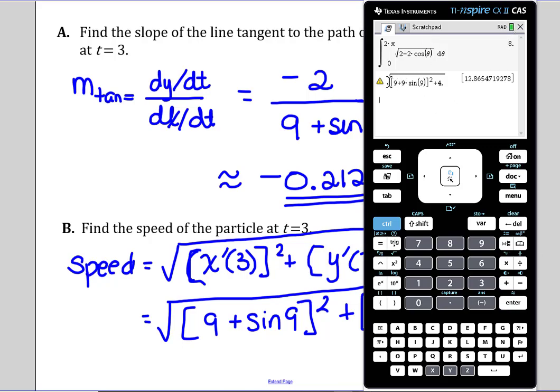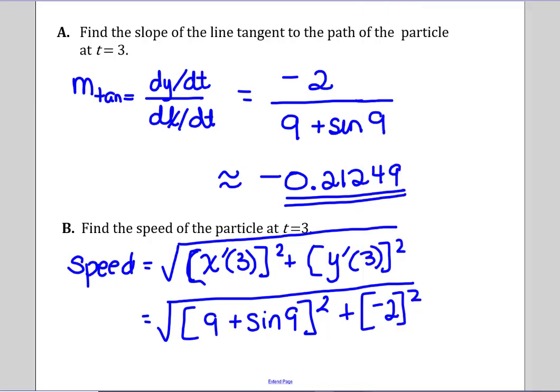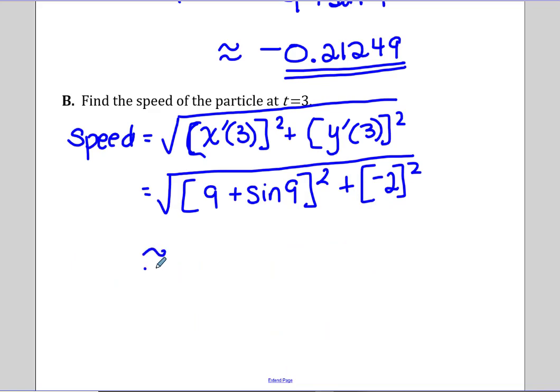We have the wrong value here. That's not supposed to be in there. An extra 9. Something went wrong. Okay. There you go. That's the right answer. 9.6222. So our speed is about 9.6222, and they're not giving us any units.